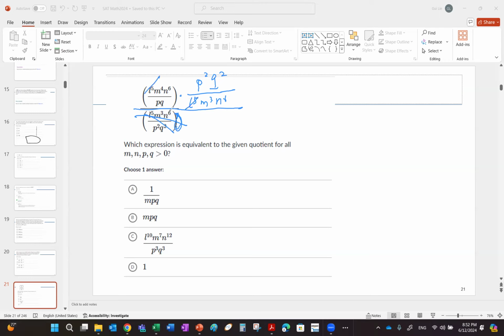L power 5, P, get 1 of them, Q, get 1 of them, right? M power 6, M power 4, M power 3, left 1 M, right? And left one P, left one Q. M, P, Q. That's it. So this is just operation. This one is easy.